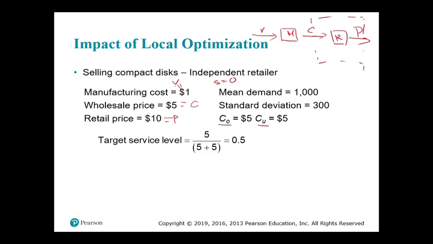Okay, so then we can calculate the target service level, which is CU divided by CO plus CU, which is equal to 0.5, quite low, right? And using the order quantity formula, we can calculate the retailer's decision of its own order quantity is 1,000.